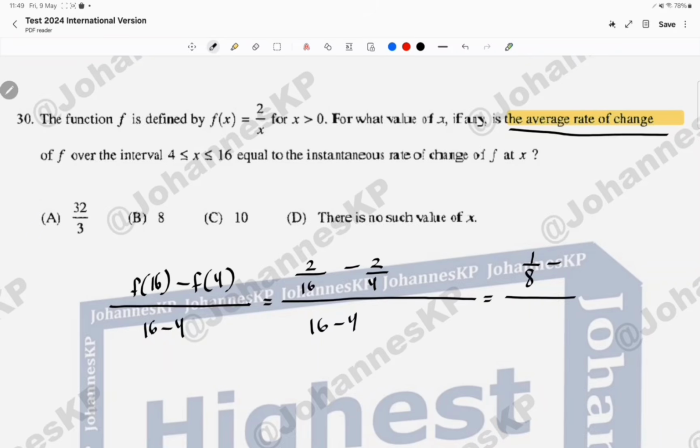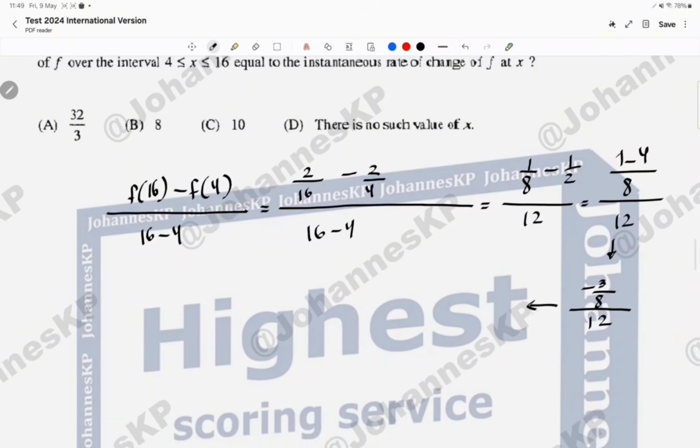So 1 over 8 minus half, over 12. 1 over 8 minus half, making the same denominator, so 8 here, 1 minus 4. So minus 3 over 8 over 12. That's like saying minus 3 over 8 times 1 over 12. Divide by 3. This will go away. This becomes a 4. Negative 1. Oh, wait. Is that not true?